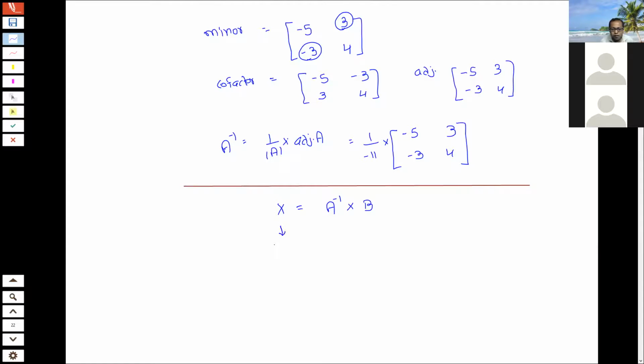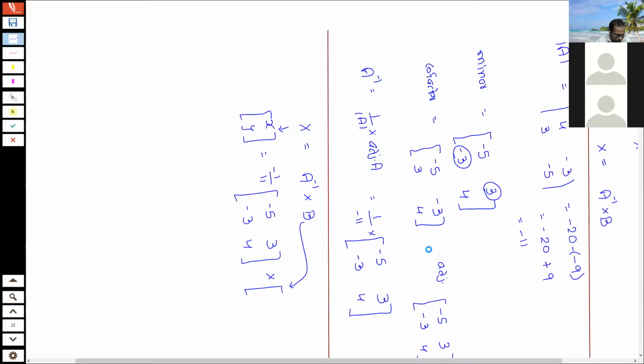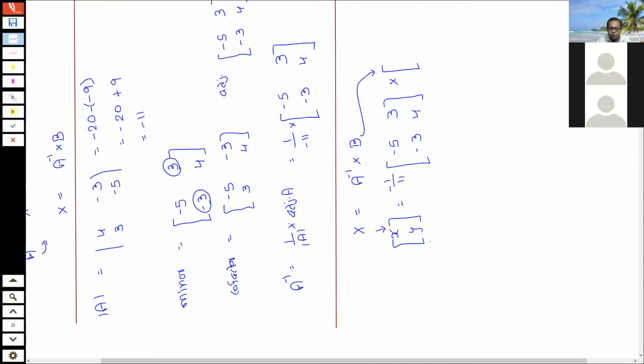Okay, what was matrix X? X and y. A inverse you have already found, which is -1 by 11 into -5, 3, -3, 4, and matrix B was also ready with you.